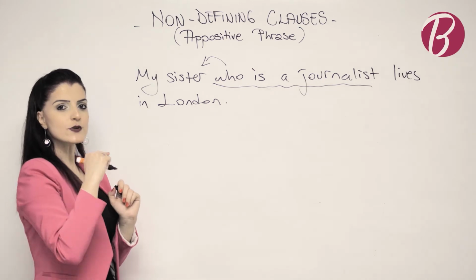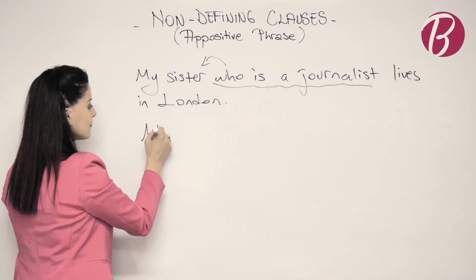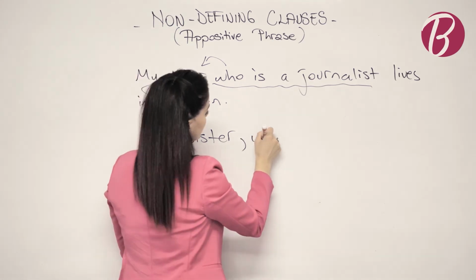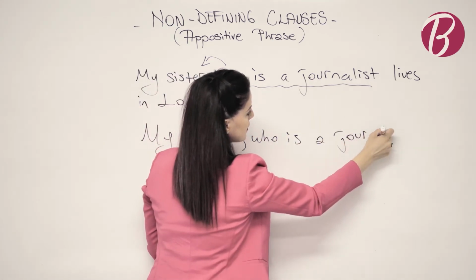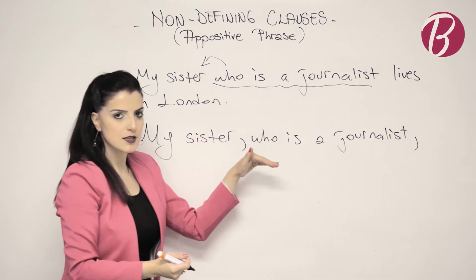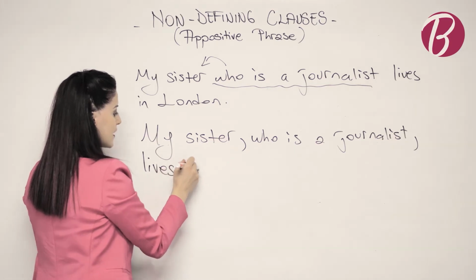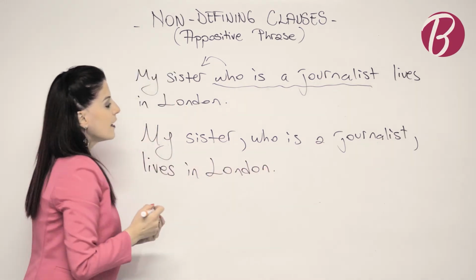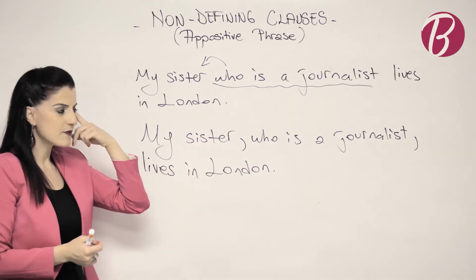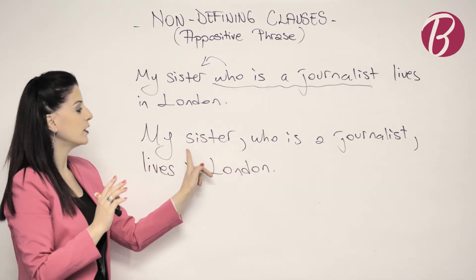But if you use commas, I mean if you prefer a non-defining clause, things are different. My sister, who is a journalist, lives in London. Between commas, you see who is a journalist. If you write your sentence in this way, I understand you have only one sister and you are not defining her.